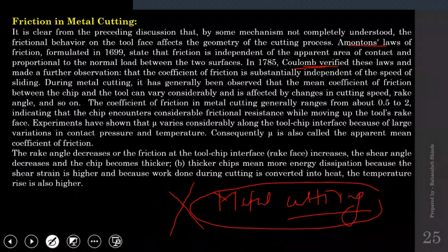In metal cutting, the coefficient of friction between chip and tool varies considerably and is affected by change in speed, rake angle, or any of the input parameters. If you change those parameters, this coefficient of friction is going to change. It will either increase or decrease. So the laws of friction do not hold good in the case of metal cutting. That is the scenario of friction in metal cutting.